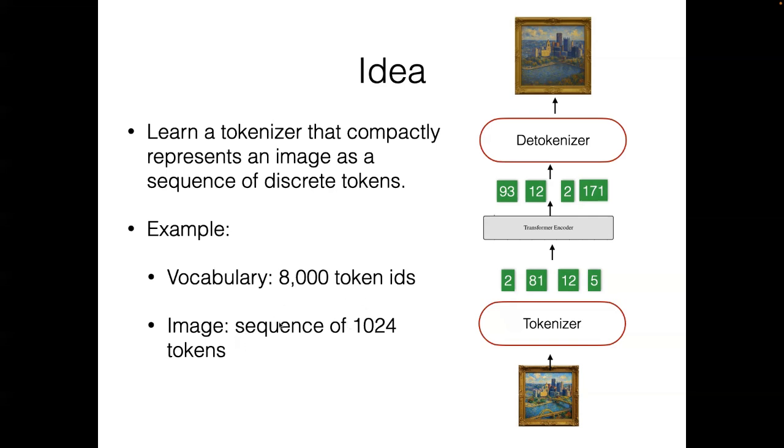So, for example, the methods that we'll look at typically treat an image as like 1,000 tokens. So a lot less than say 1 million. And so the key question is, can you learn to compress things into these tokens such that they can be eventually decompressed into a meaningful image?